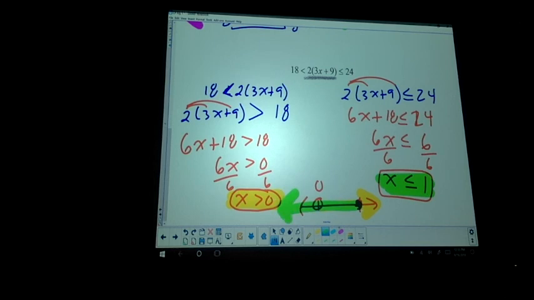I was supposed to change colors. So it's in between the two that I'm worried about on this problem. Okay, so my problem, it's going to come together. It's going to go from rounded bracket 0 to 1 square bracket. That's done. This again is called interval notation. Okay? Can I move on?